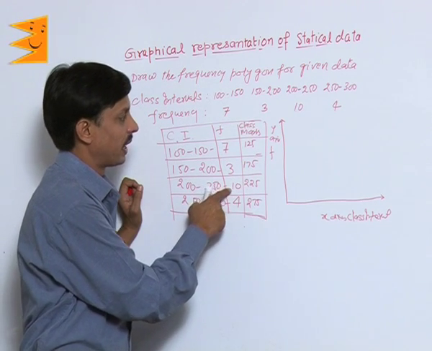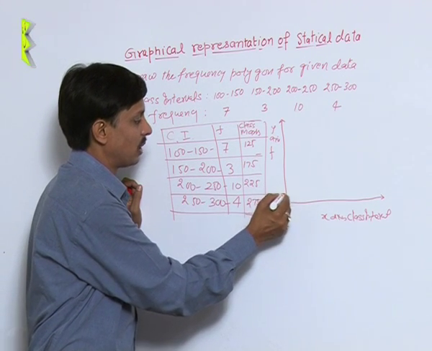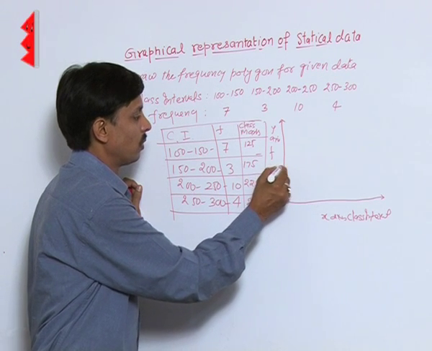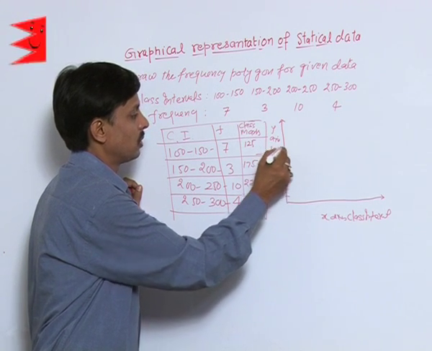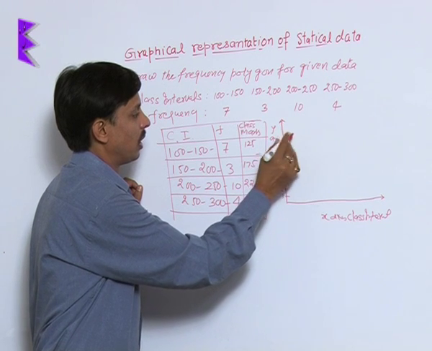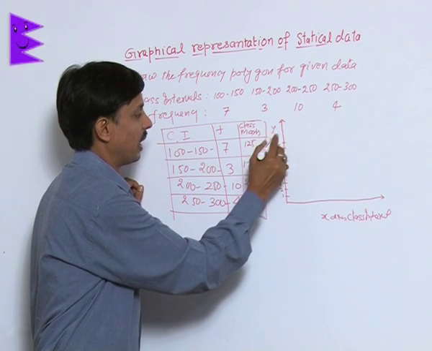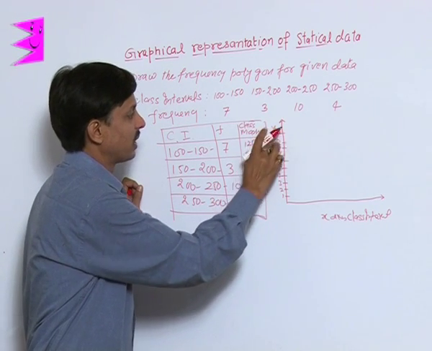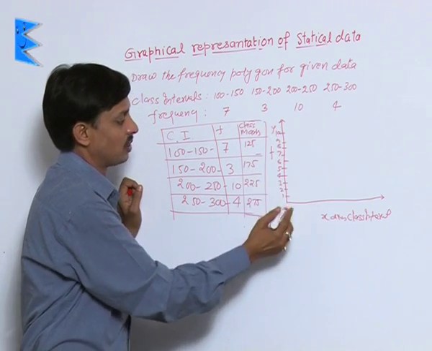Frequency maximum is 10, so I am taking individual marks 1, 2, 3, 4, 5, 6, 7, 8, 9, and this one is 10. This is the y-axis, these are the frequencies.